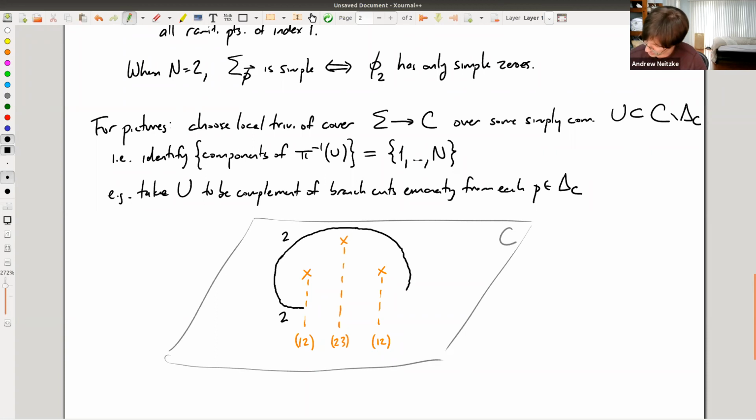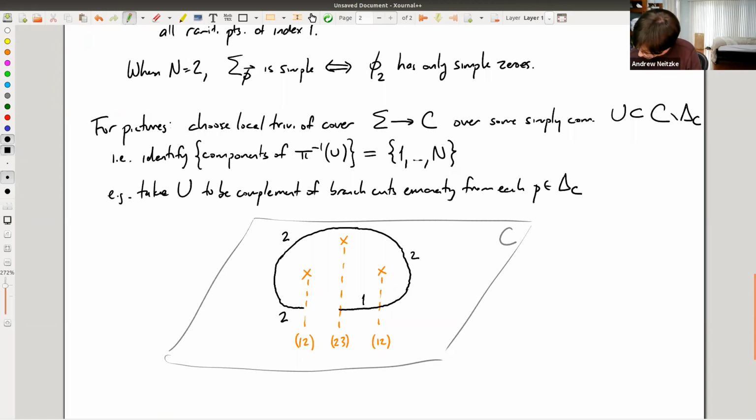Along, of course, to be continuous, it's on sheet 2. When it goes across this cut, the curve just continues. Its projection is just this smooth, unbroken curve that I'm drawing here, but the label changes when we cross the branch cut. So this part of the curve is on sheet 1 rather than sheet 2.